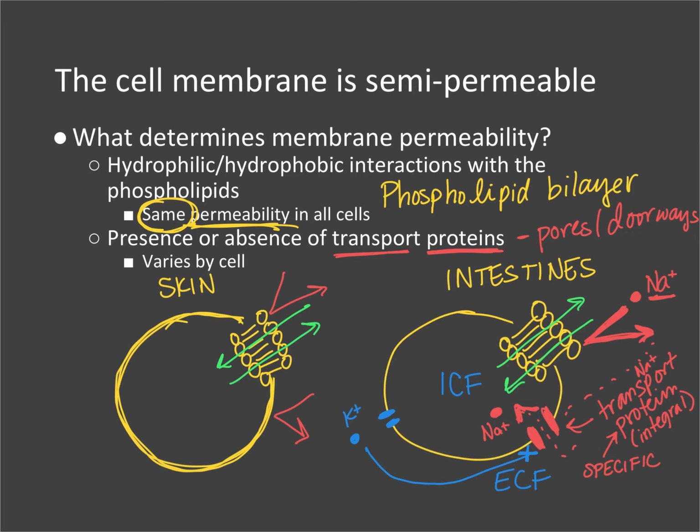And as long as it has its own specific transport protein, it can then cross the cell membrane. But once again, it has to do with this specificity in that potassium needs its own transport protein, whereas sodium needs its own specific transport protein as well.